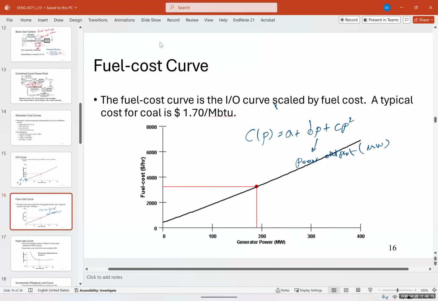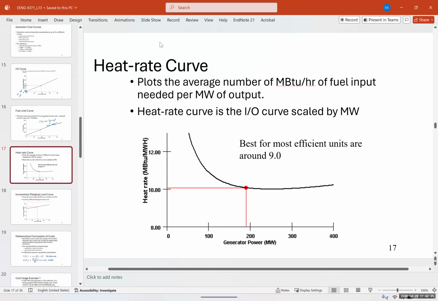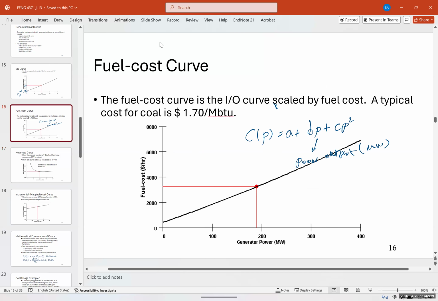Now, A, B, and C are constants that are determined by fitting the curve to the data. So it's different for any generator. This equation works well for most generators and makes the math of economic dispatch much easier to understand and trace.